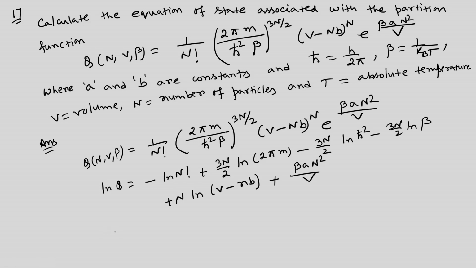So, average pressure is kBT times del ln Q by del V at constant number of particles and temperature, or beta.